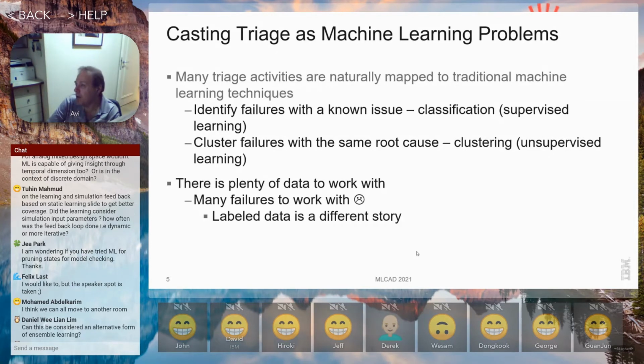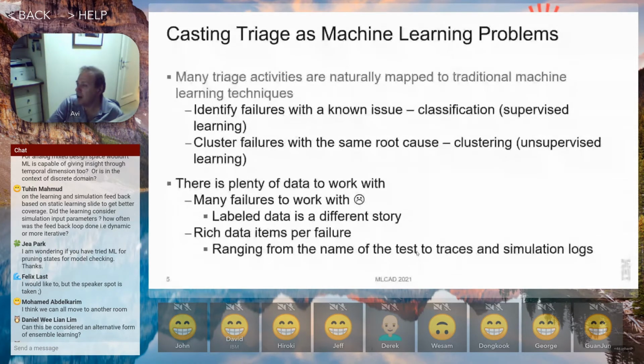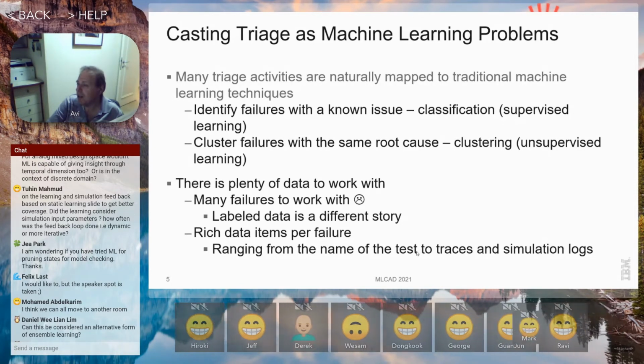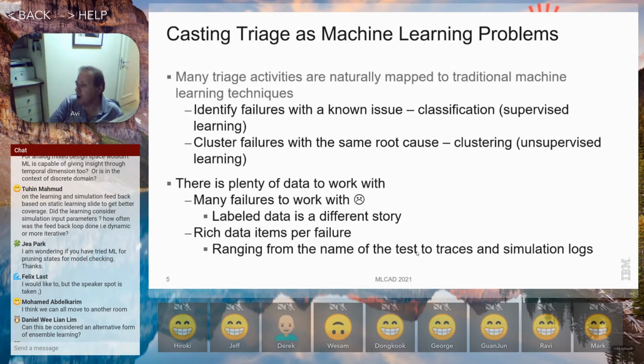And not only do we have many data items to work with, we also have rich data for each failure. Each failure has a lot of metadata, like the test name and the model of the hardware it ran on, and so on.